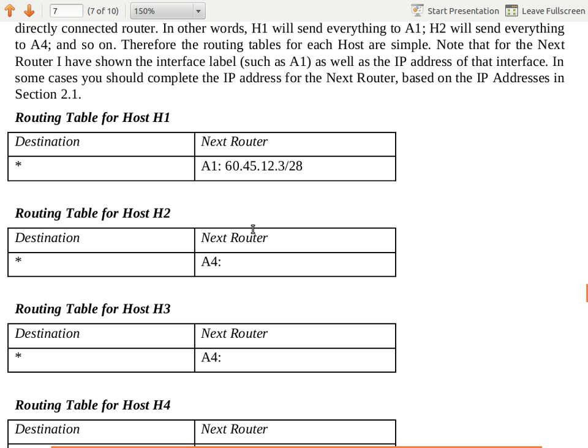In the routing table, we don't store the label A4, we store the IP address. The only reason in this question I've written A4 is just to help you so that we can identify which interface we're talking about. But in real life, in the routing table, the IP address is stored here. Let's go back to our network diagram to explain that.